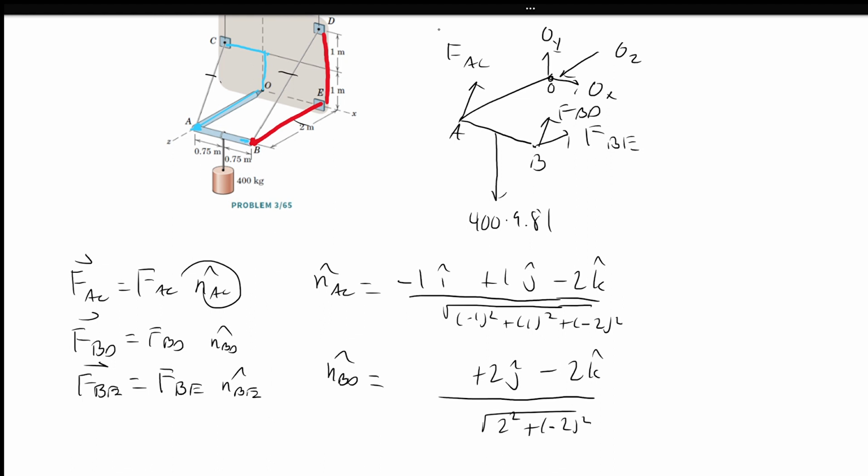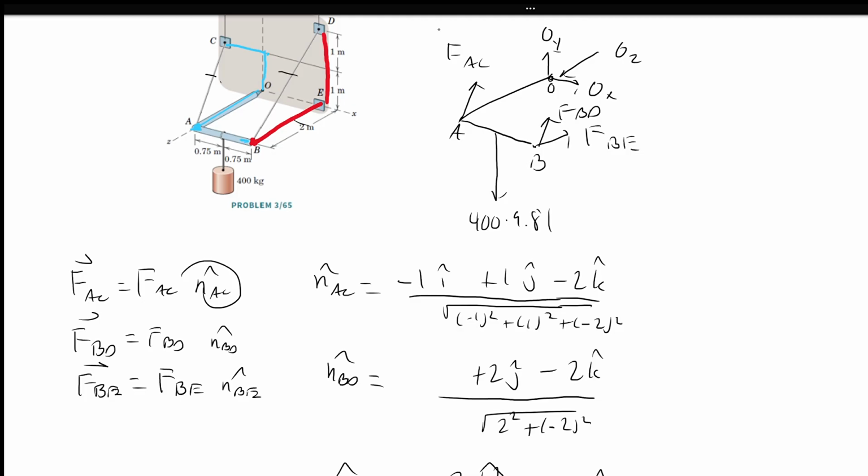One more, NBE, and this is the easiest one because it just goes from B to E, that is a minus 2K hat, and so we can already kind of see where this one is going. Technically, I'll just write square root of 2 squared is, of course, 2, and so that'll be minus K hat.